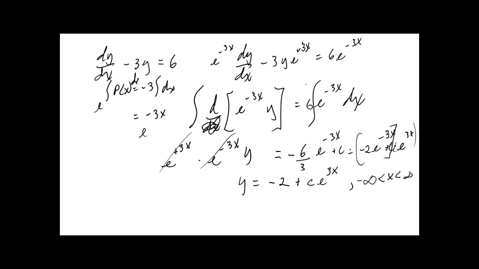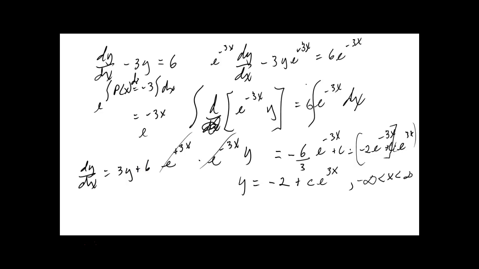Remember we said this was separable? Want to try it with separation? dy/dx is equal to, you want to do 3y plus 6 or 6 plus 3y? Does it matter? How about 3y plus 6?